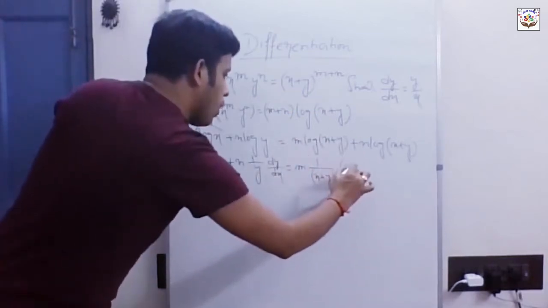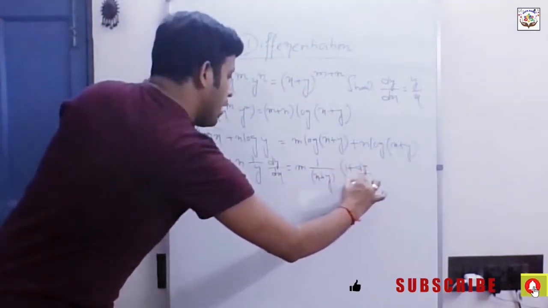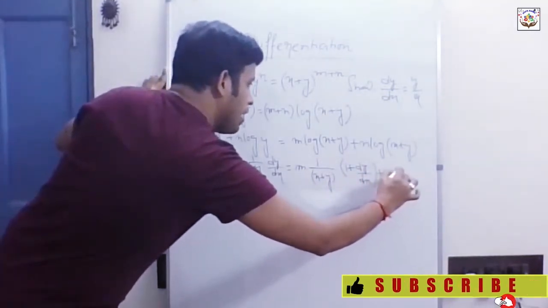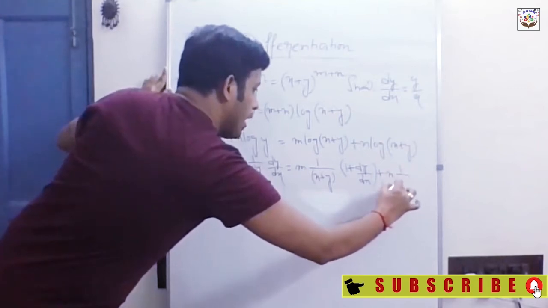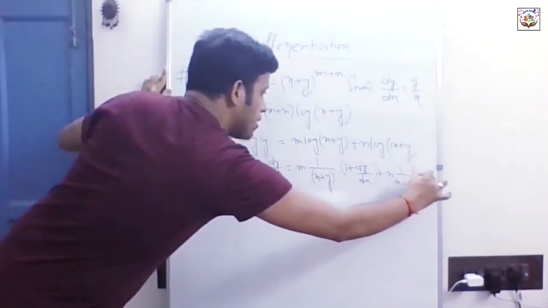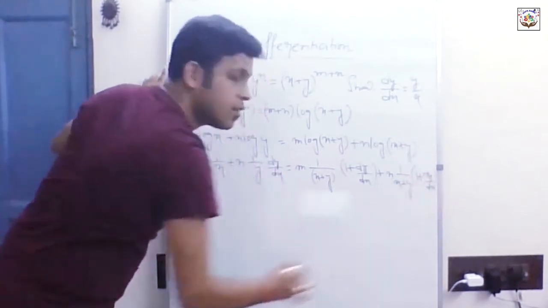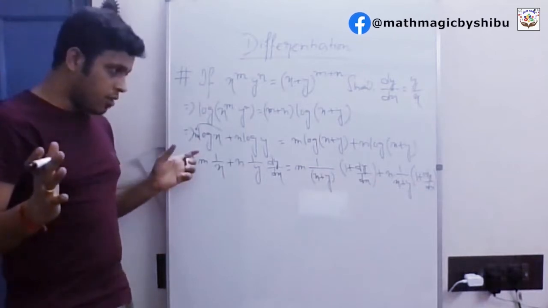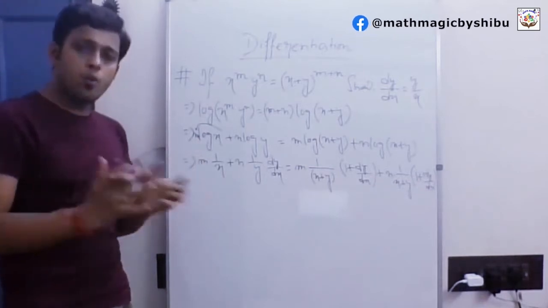It would be 1 plus dy dx. Similarly for this part, it would be n into 1 by x plus y, and within bracket 1 plus dy dx.